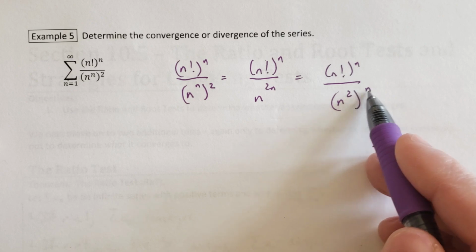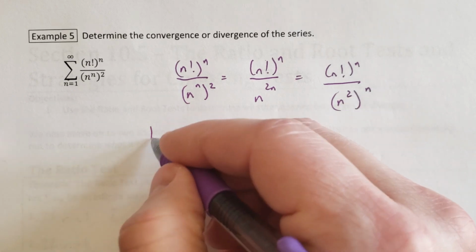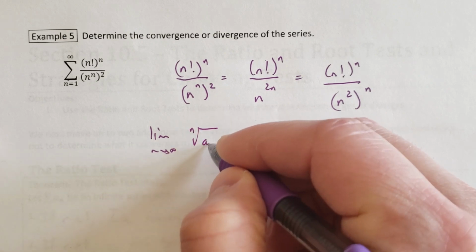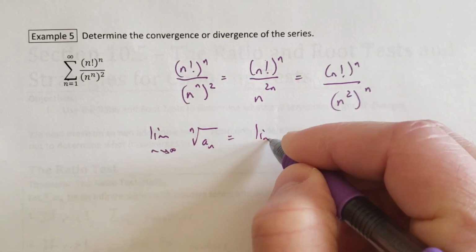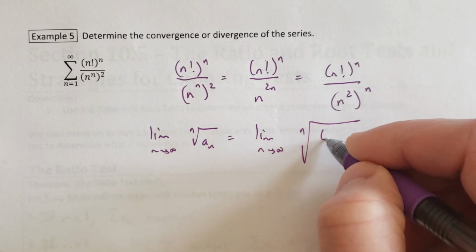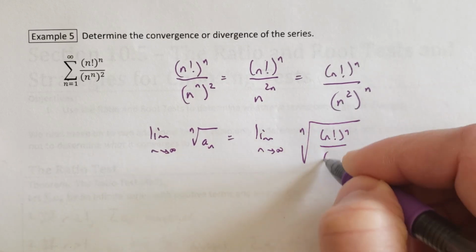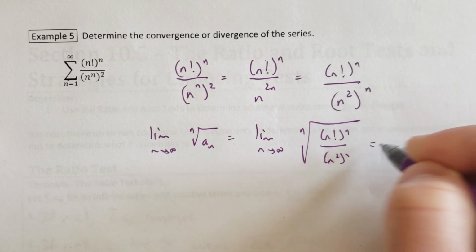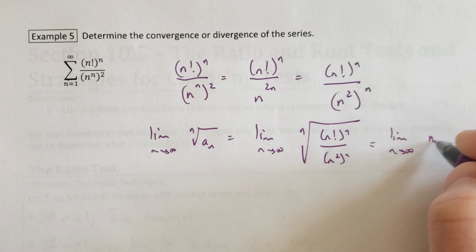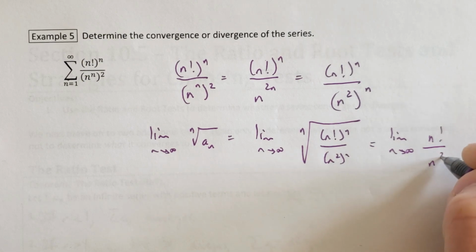That's multiplying. Again, you're still going to get 2n. So let's do the limit as n goes to infinity of the nth root of a sub n. That's the limit as n goes to infinity, the nth root of n factorial to the nth over n squared to the nth. So that's the limit as n goes to infinity of n factorial over n squared.